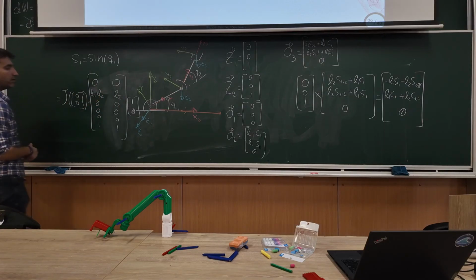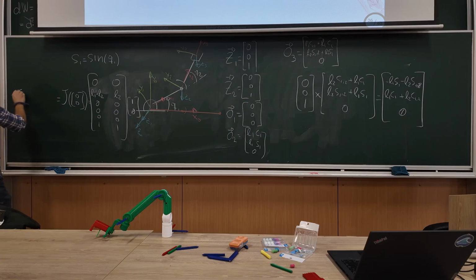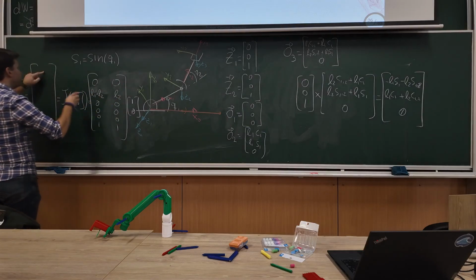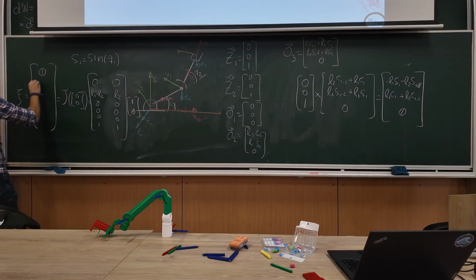So if I do matrix with vector multiplication, Xi will be what? First element is this row with this column, will be 0. Second one, L1 plus L2, 0, 0, 0, 0, 0, last column, 1.